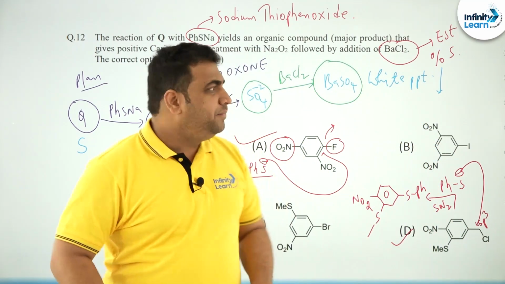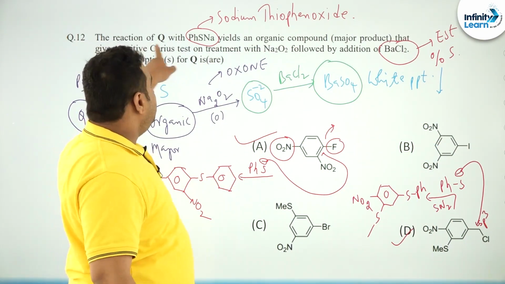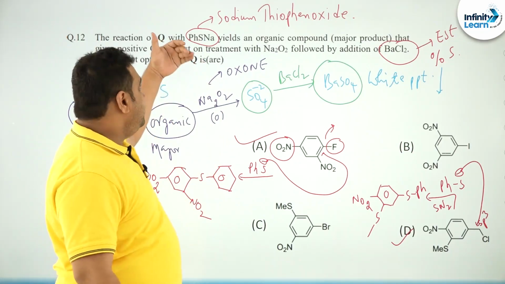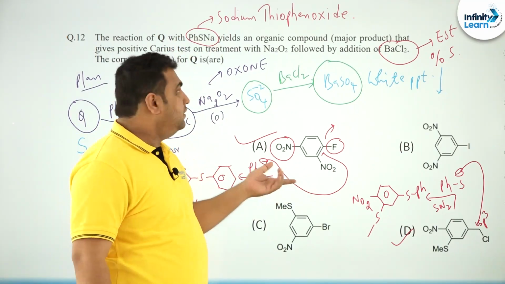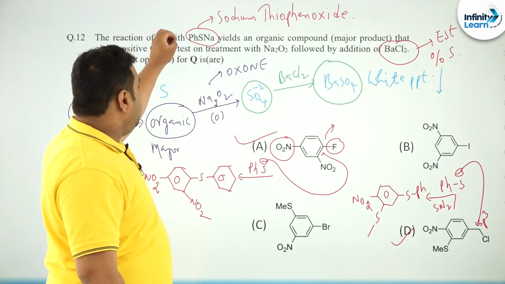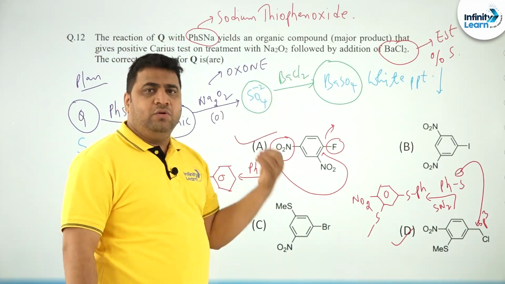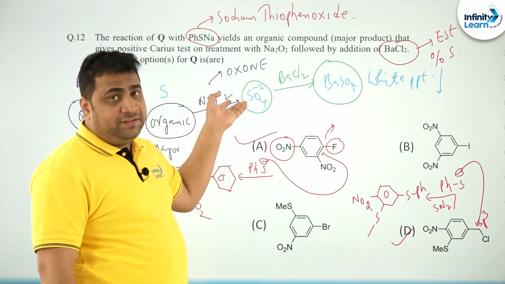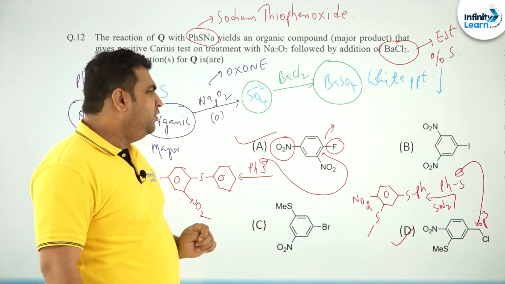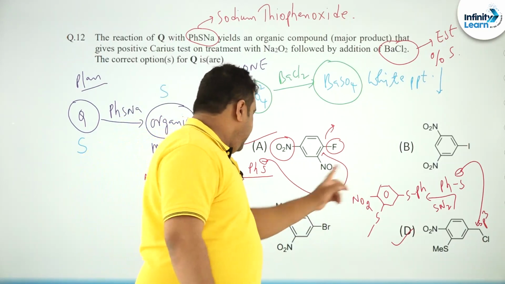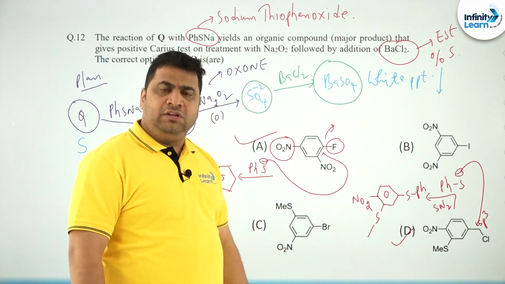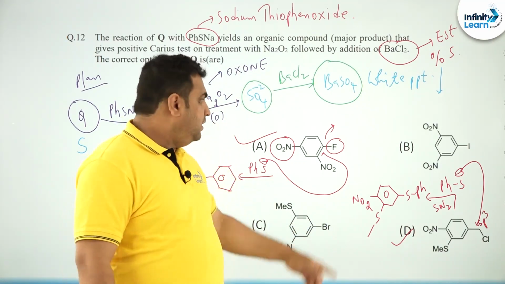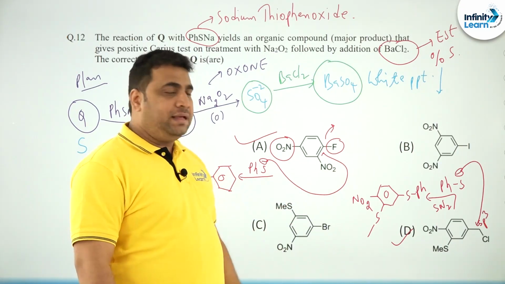Because dear students, here you can see he didn't mention temperature, he didn't mention high heat or anything. If he at least mentioned that this is room temperature or low temperature, then I would agree that A and D are correct. But neither temperature is given, neither low temperature, nothing is mentioned. Therefore, B and C also may react. You will say, sir, but in the key B and C are not there, then why are you speaking?